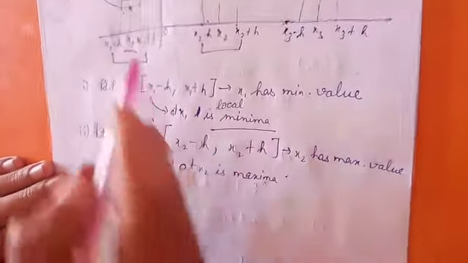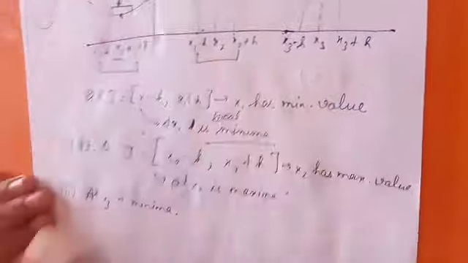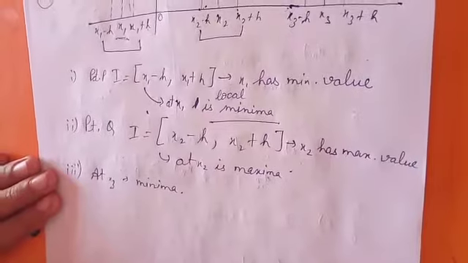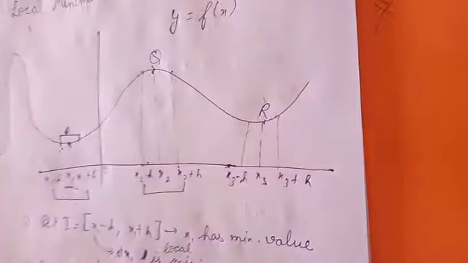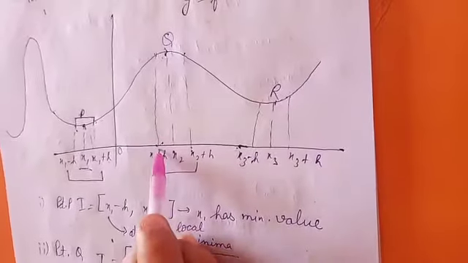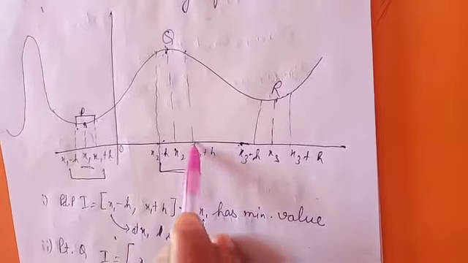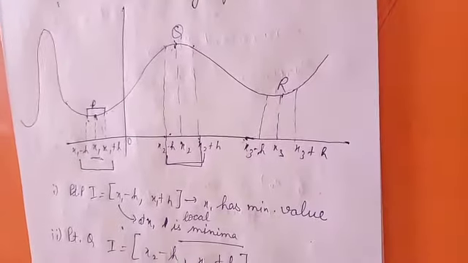Local minima means near its neighborhood, near its surroundings, this point has its minimum value. Similarly here, this point has the maximum value within its surroundings. We are not talking about the whole graph, we are talking only about the interval we have constructed. Okay, now do you understand what local maxima and local minima are?